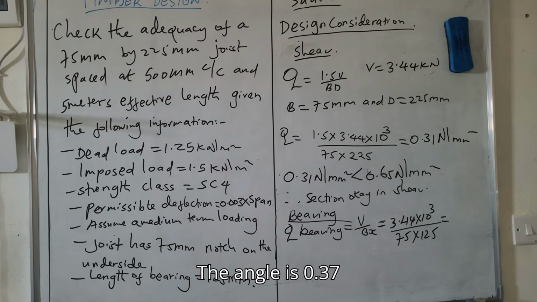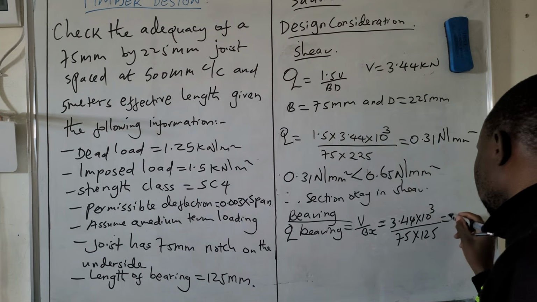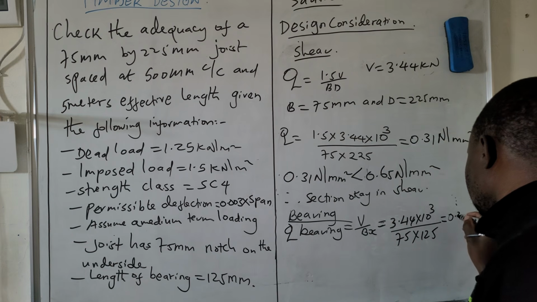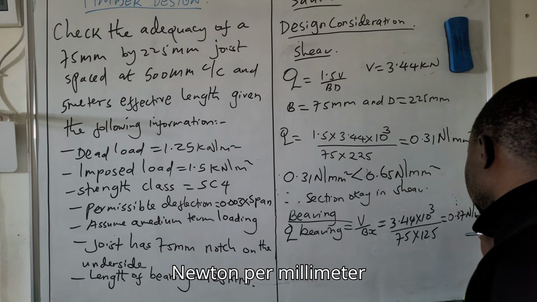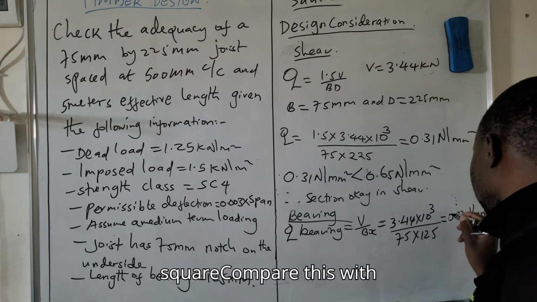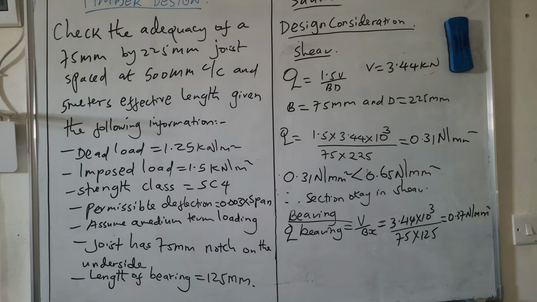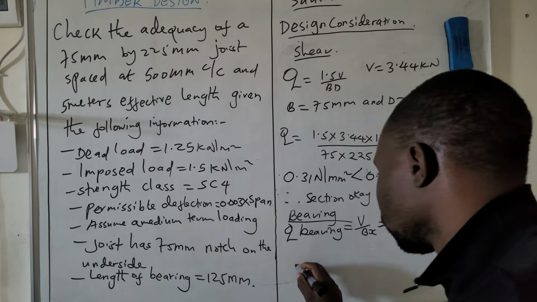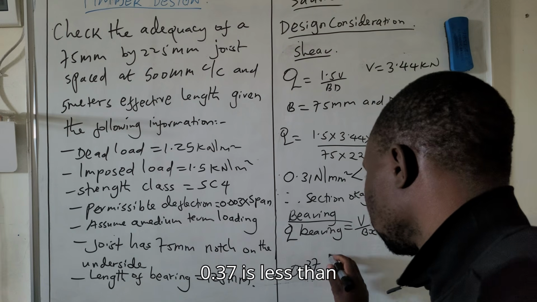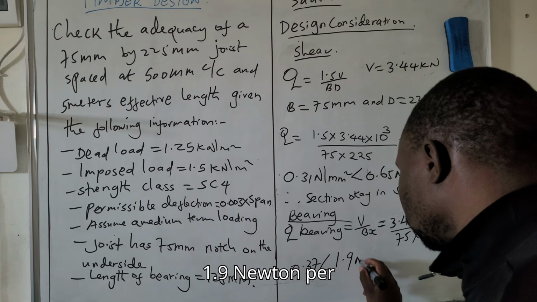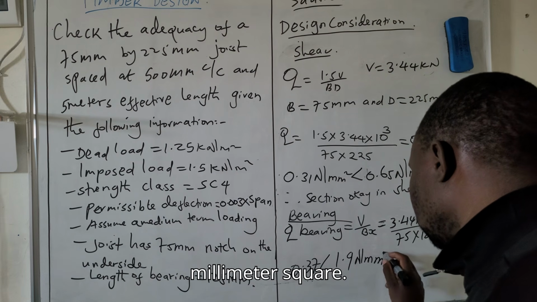The answer is 0.37 Newton per millimeter square. Compare this with permissible compression perpendicular to grain. So 0.37 is less than 1.9 Newton per millimeter square.